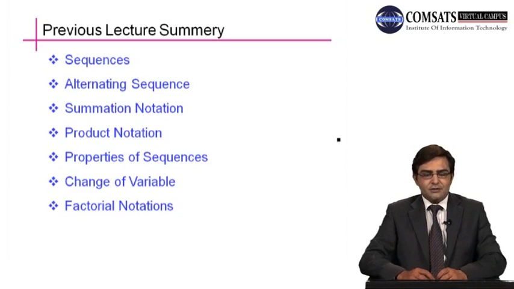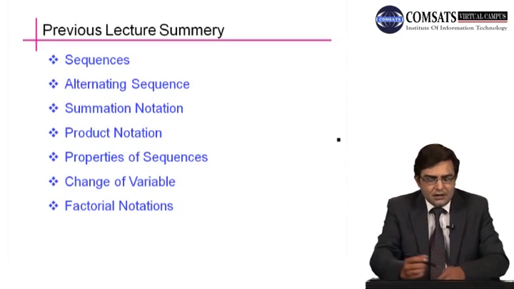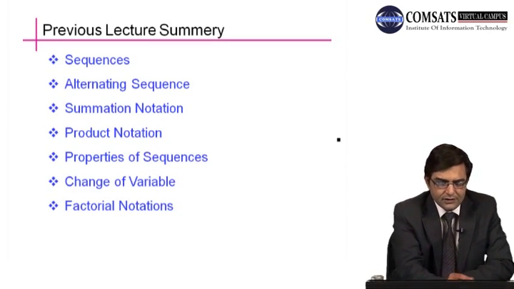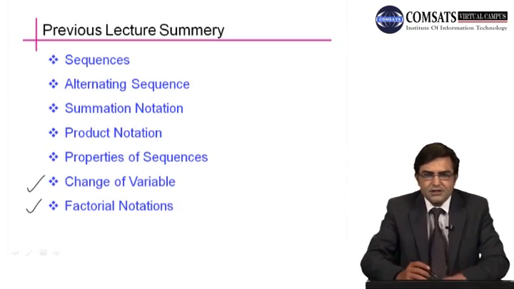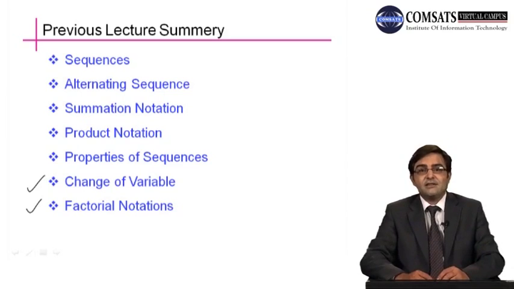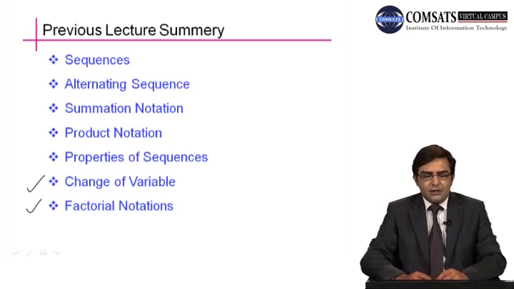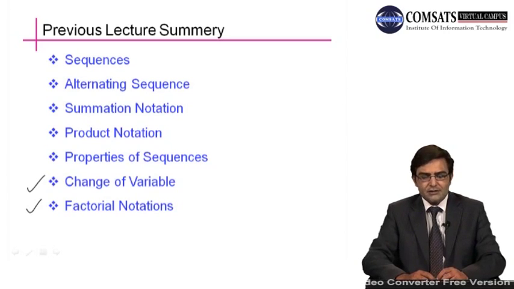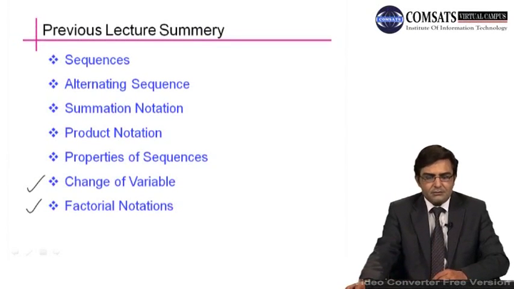Due to the shortage of time, we haven't discussed change of variable and factorial notations, and I told you that we will discuss these two topics in the next lecture. So today first we shall discuss these two topics, change of variable and factorial notations, and then we shall start mathematical induction.